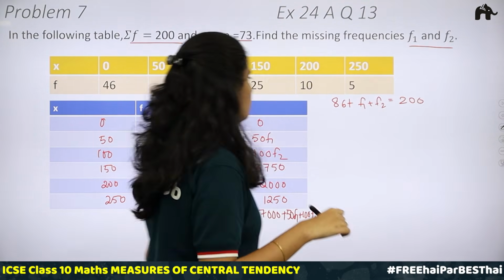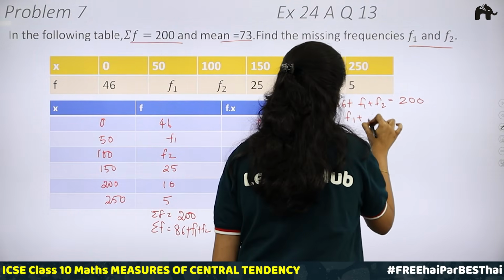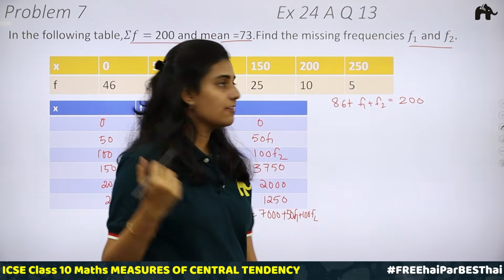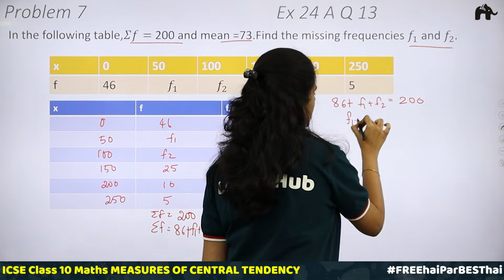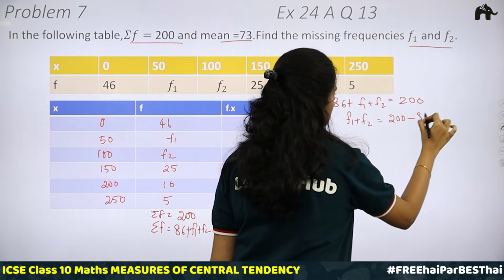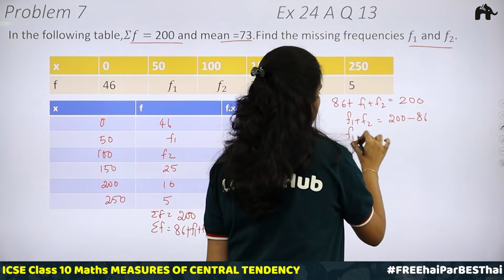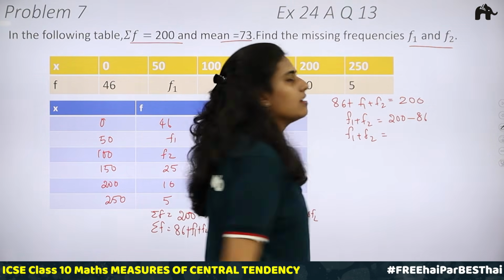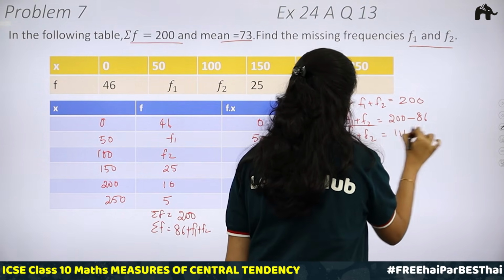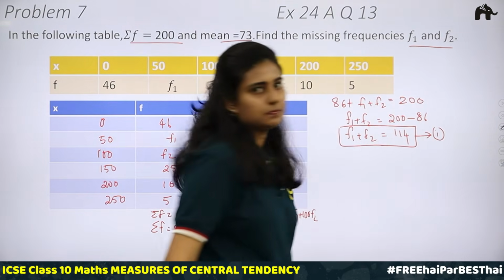Then f1 plus f2 will be equal to 200 minus 86, taking this 86 to the opposite side. f1 plus f2 is equal to 200 minus 86, which is 114. This is taken as the first equation.